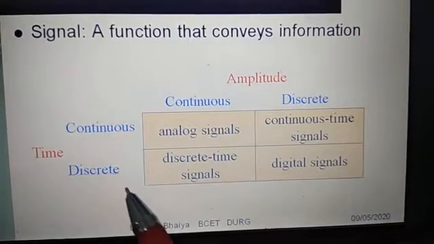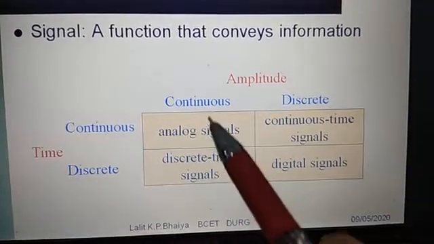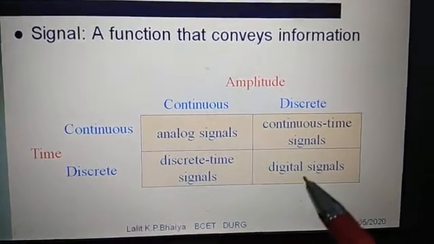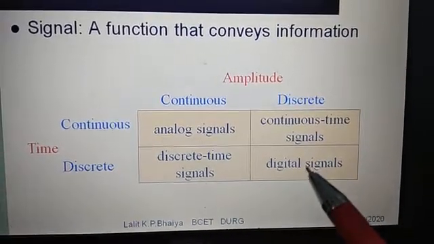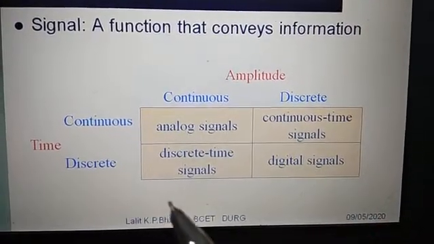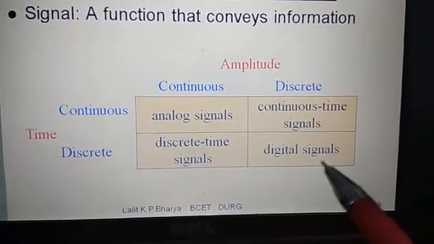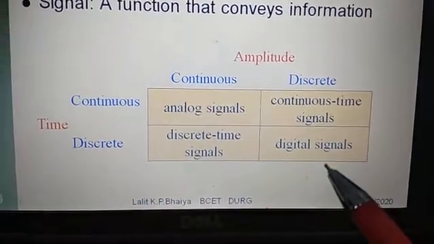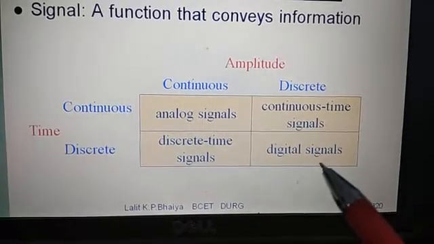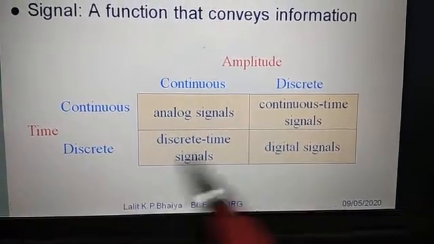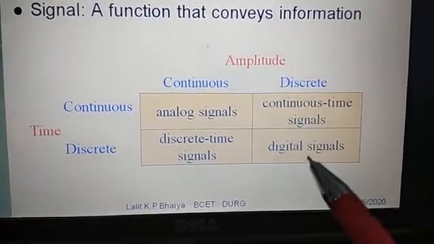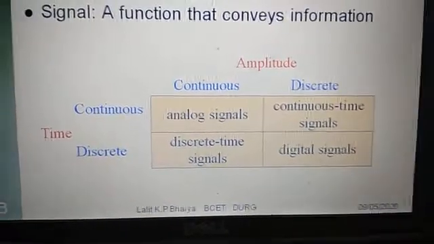Then discrete time continuous signals, and discrete time and discrete amplitude, called a digital signal. What is a digital signal? A digital signal is a discrete time and discrete amplitude signal.